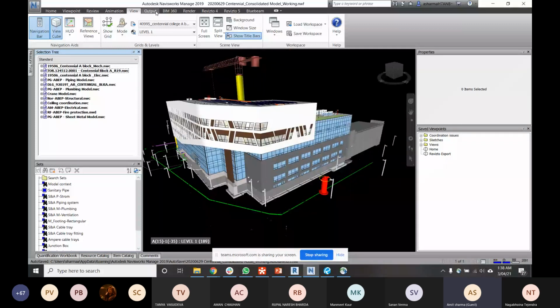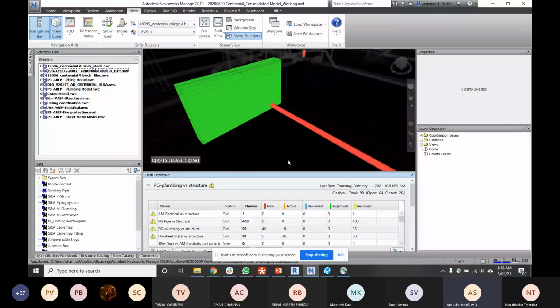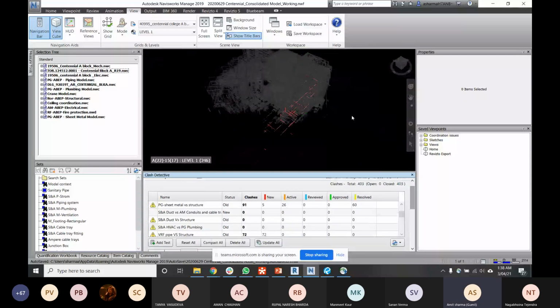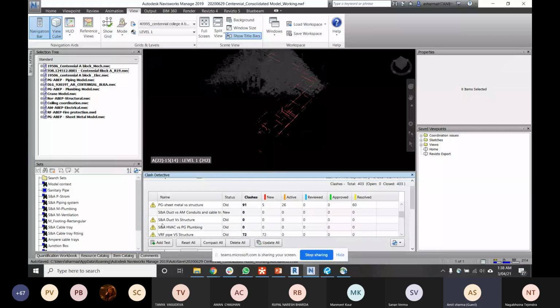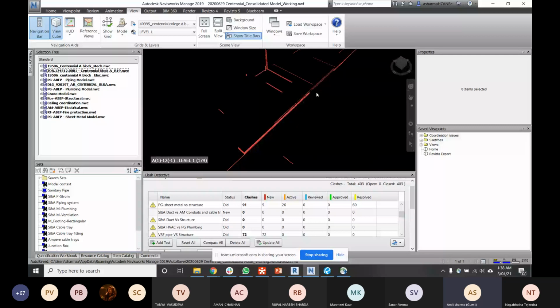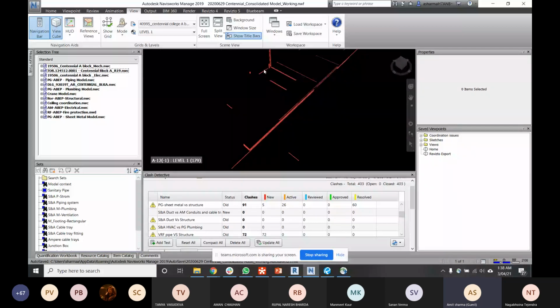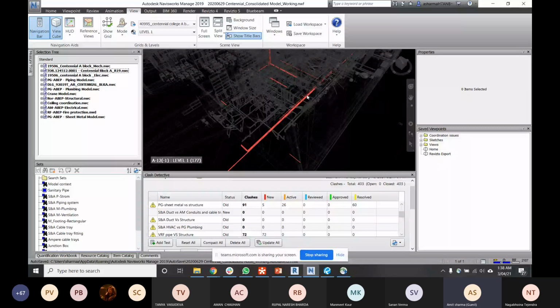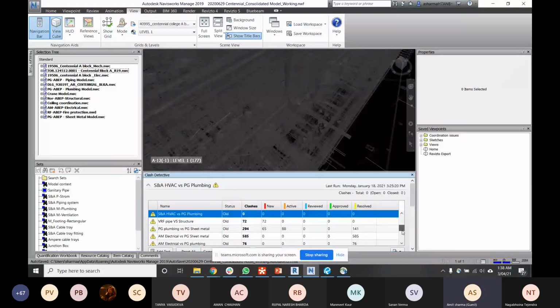And there's a tool here called clash detection. Here, if you can see, I did a clash detection between electrical and structure, pipe and electrical. I just select those two models and run a clash detection. It will show me exactly where we have a clash between two fields, if our pipes are going through the beams, or if our pipes are going through HVAC ducts. Let me show you a clash example.